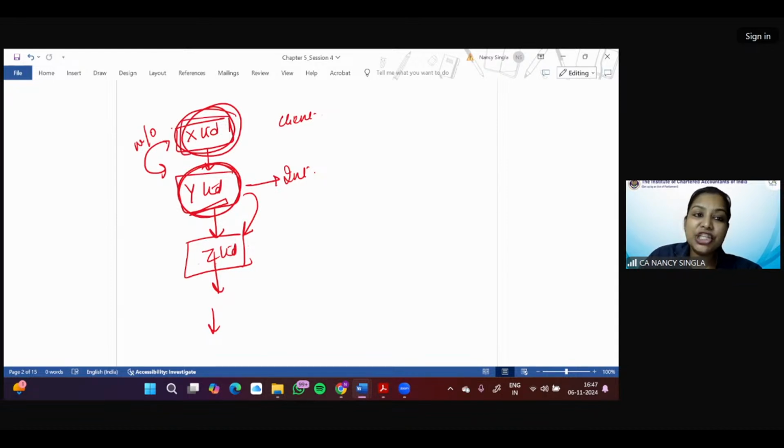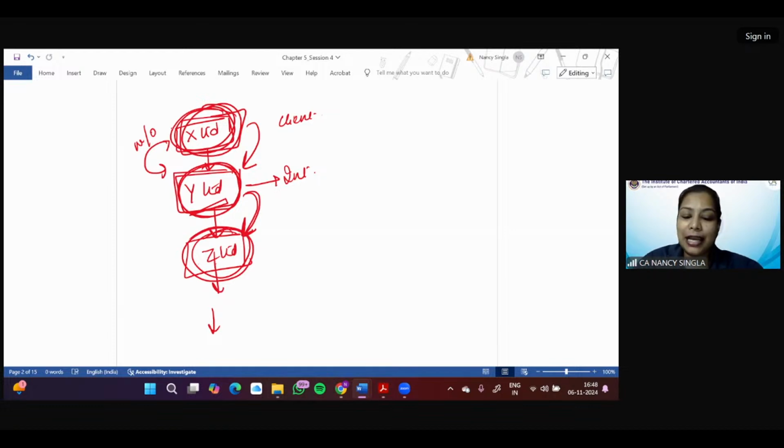The company shall disclose the date and amount of this first transaction along with the details of intermediary. Second, the date and amount of this transaction along with the details of the ultimate beneficiary, right? The third, the date and amount of guarantee or security which is provided to or on behalf of the ultimate beneficiary Z or X.